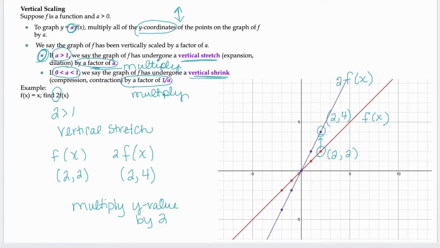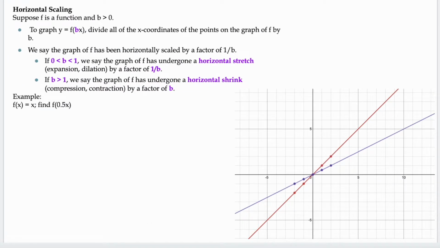We also can scale horizontally. We can stretch it horizontally or we can shrink it and make it tiny. This number comes in from the inside of our function. Since we are stretching horizontally, this is going to affect whether we stretch left and right or shrink left or right.